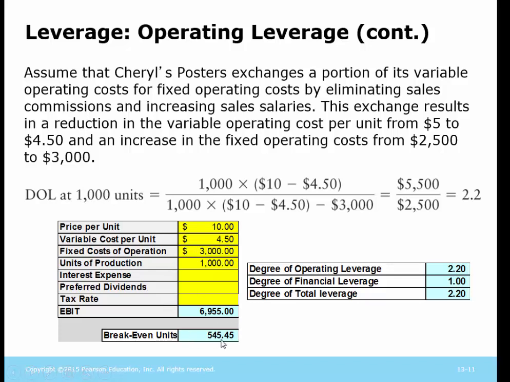Well, break-even unit used to be 500 units. Now break-even is 545. And again, on this particular worksheet, we can see now that the degree of operating leverage is 2.2. So that is the measurement, if you will, of business risk for this company once we have changed and converted some of our operations from variable costs into fixed costs.